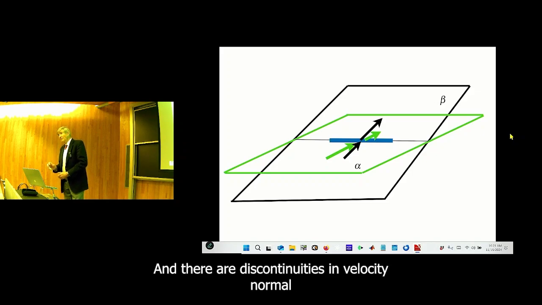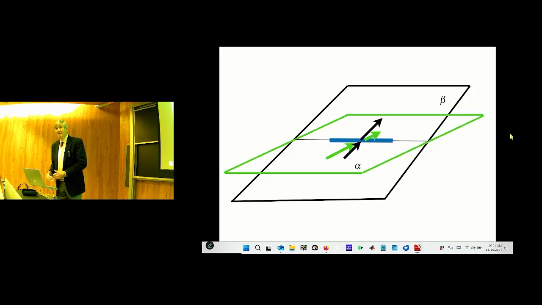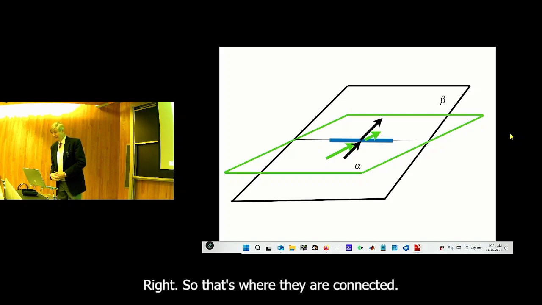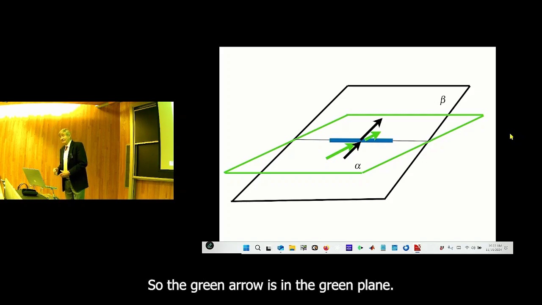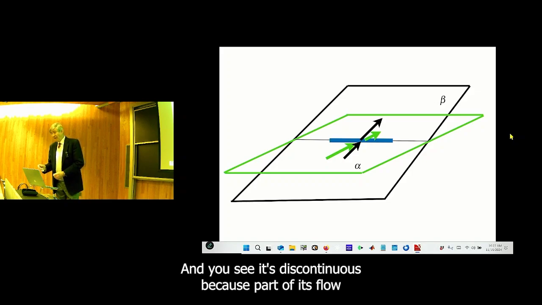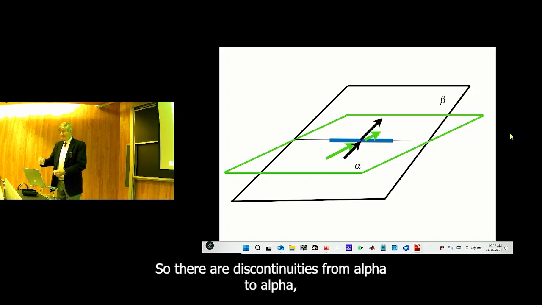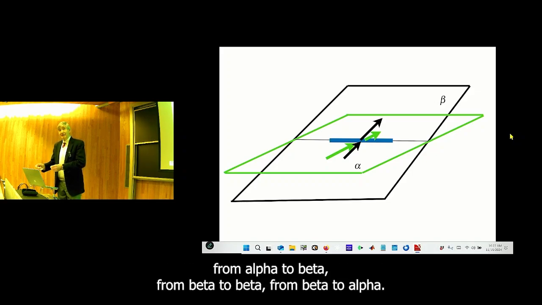And there are discontinuities in velocity, normal component of flow, across that blue line, which is where the two planes share. Right? So that's where they are connected. So the green arrow is in the green plane, alpha, and you see it's discontinuous because part of its flow goes out into plane beta. So there are discontinuities from alpha to alpha, from alpha to beta, from beta to beta, from beta to alpha.